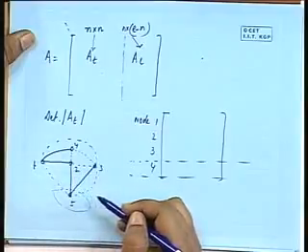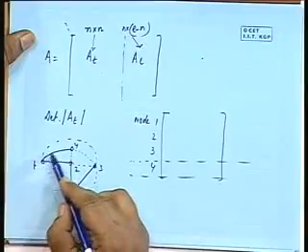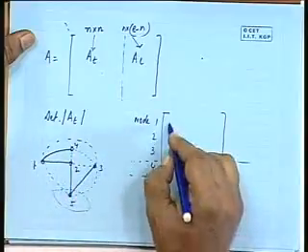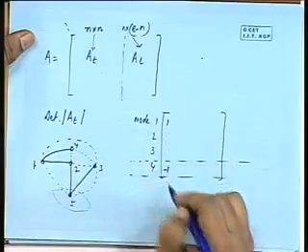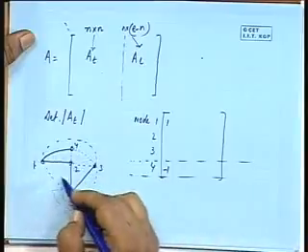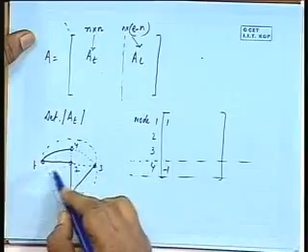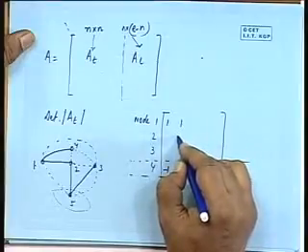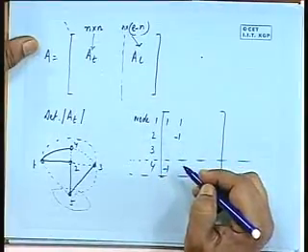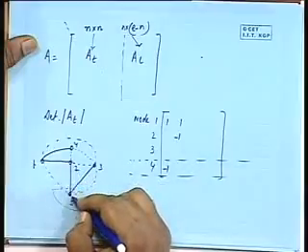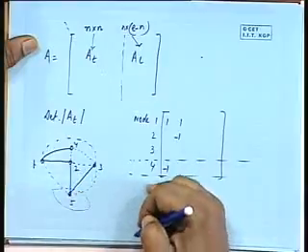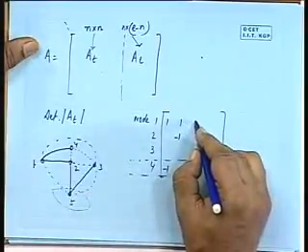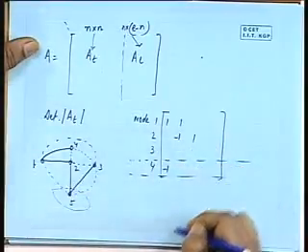Now, here you will find that for 1 to 2, both plus 1 and minus 1 will be included. For the second element, 2 to 5, since 5 is eliminated, there will be only a plus 1.